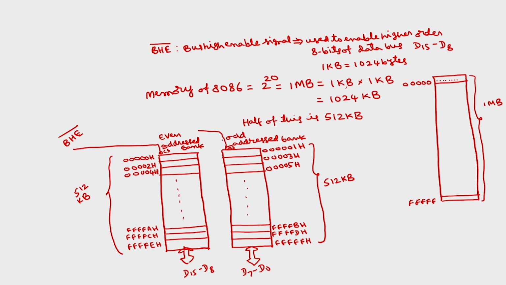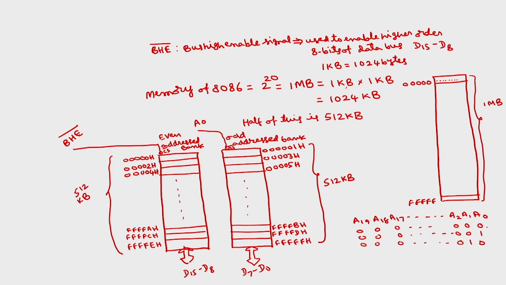In order to select the other one for only the even address, we can simply give A0. We know that a total of 20 address lines are there: A19, A18, A17, and so on up to A2, A1, A0. For the starting address, all zeros; the next address is all zeros with the last bit 1; the next address is zeros, then 2, and so on.